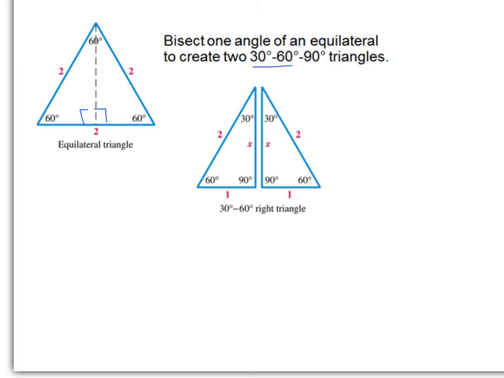This is a 30, 60, 90 triangle. We know that the hypotenuse has a value of 2, the base has a value of 1, and we can use Pythagorean theorem to find the value of x. So that's 2 squared is equal to 1 squared plus x squared, and we can solve for x.